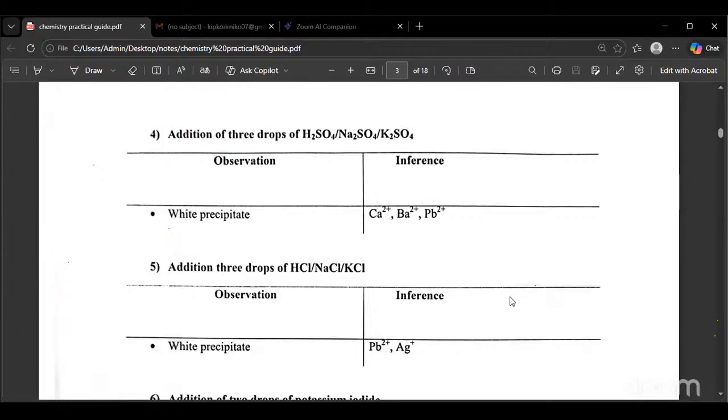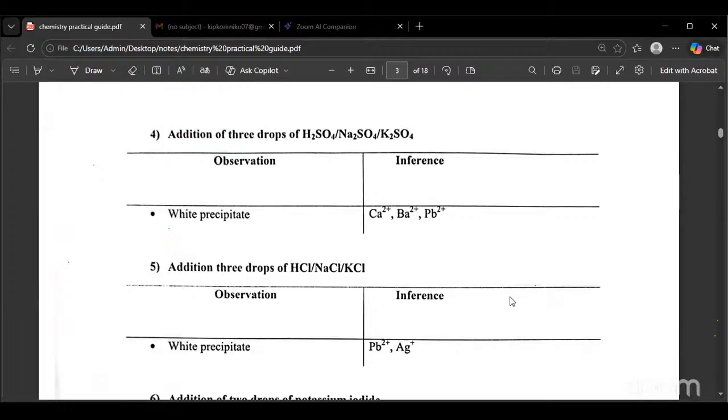I'm going to repeat number 5. Yes. So when we're adding 3 drops of HCl. When we were discussing the solubility of salts, I spoke about nitrates, chlorides, carbonates, sulfates. I said all nitrates are soluble. All carbonates are insoluble, except of course group 1.